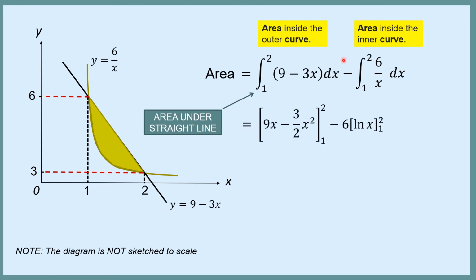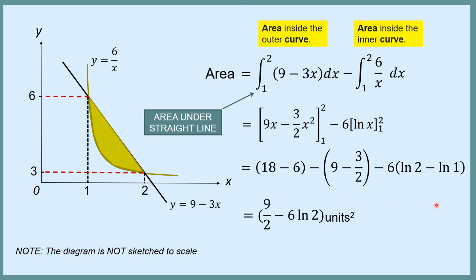Integrating, 9 minus 3x is 9x minus 3x squared over 2, minus the integral of 6 over x, which is 6 ln x. Substituting the upper limit and the lower limits, the area of the shaded region is 9 over 2 minus 6 ln 2 units squared.